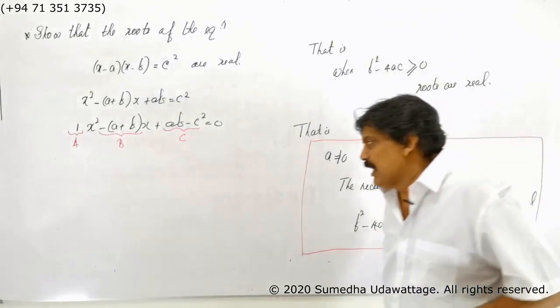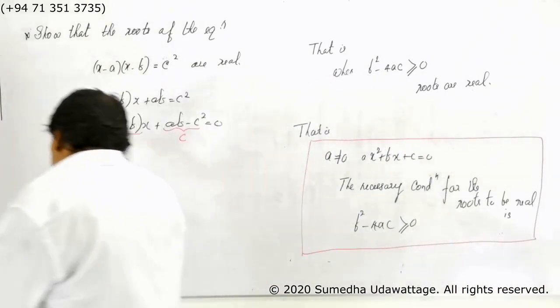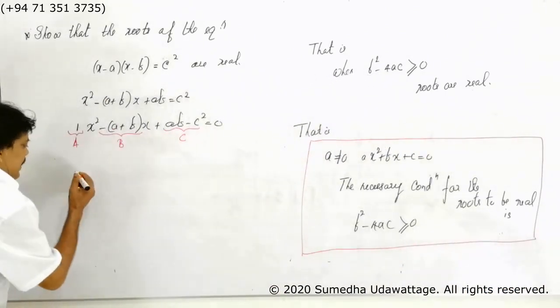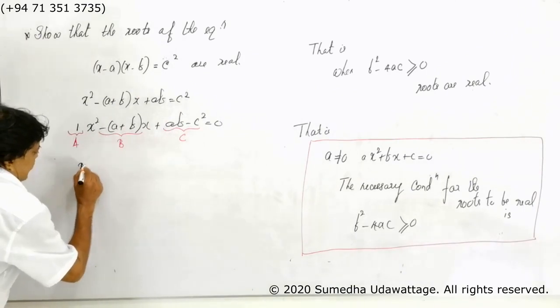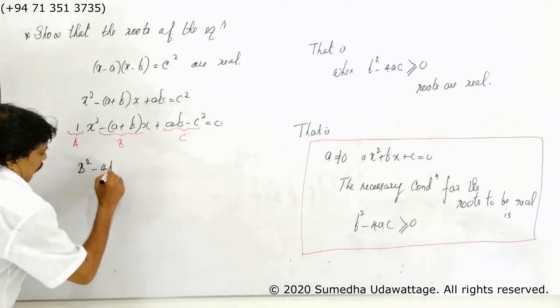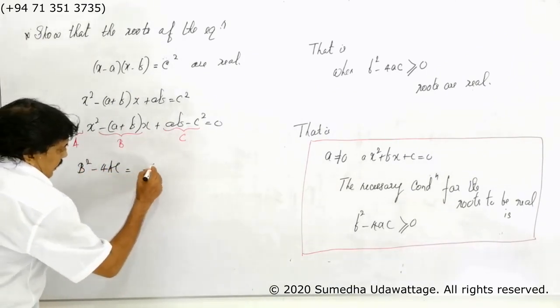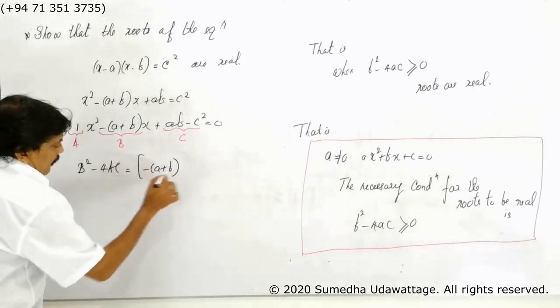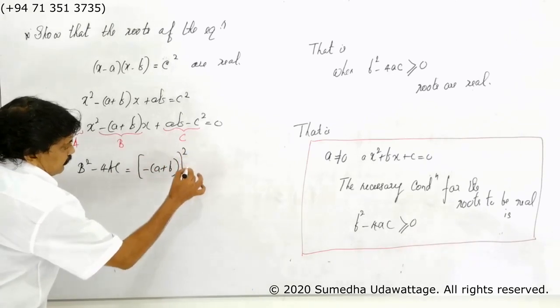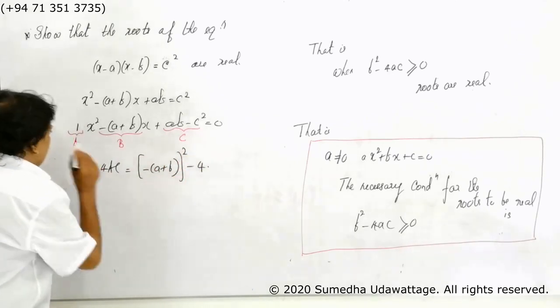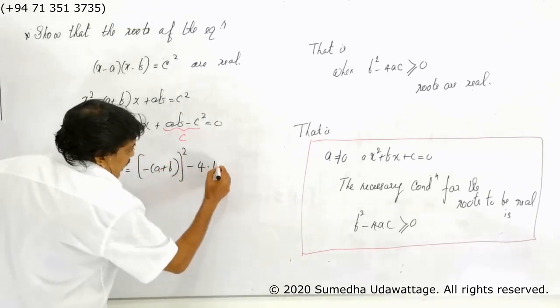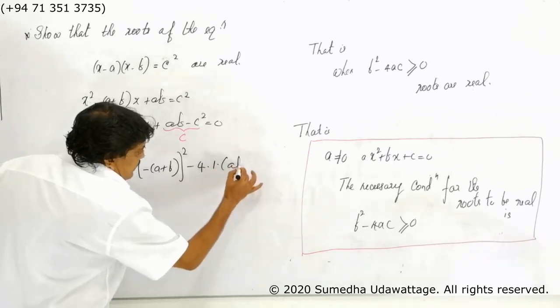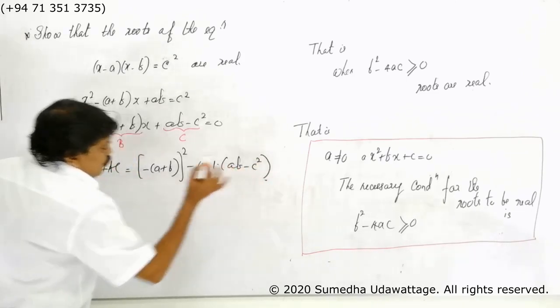We would try to take the determinant of this equation, b square minus 4ac, equal to b is this square minus 4 times a is 1 and c is ab minus c square.